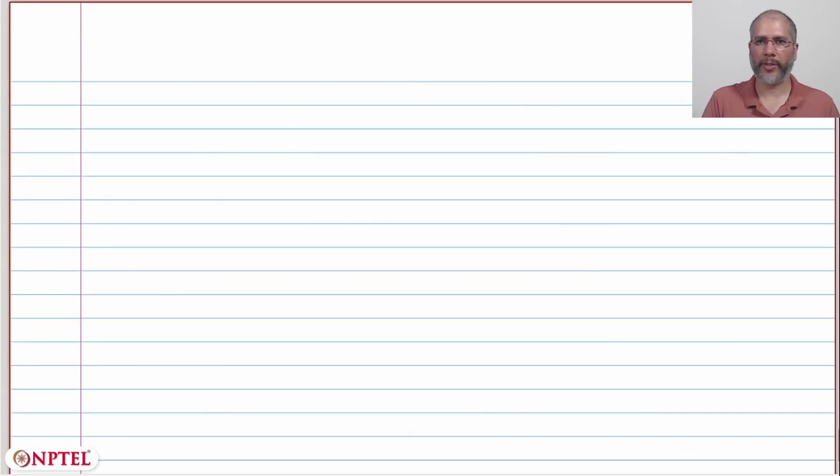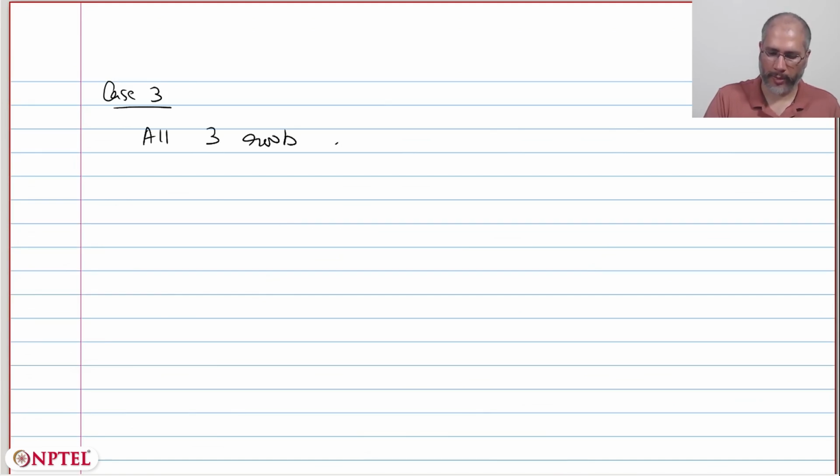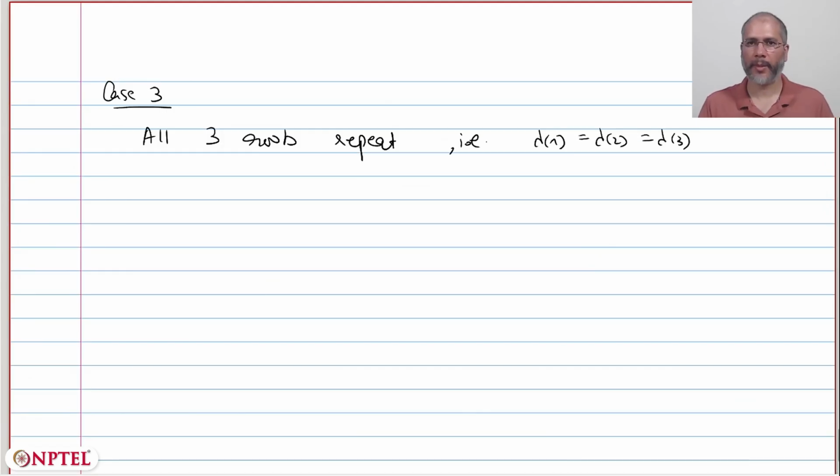So now that we have cases 1 and 2, we'll have a case 3 as well. Case 3 is the case where all lambdas repeat. So all three roots repeat. That is, lambda 1 equals lambda 2 equals lambda 3. Now you can guess that in this case all directions in the 3D system are eigen directions.